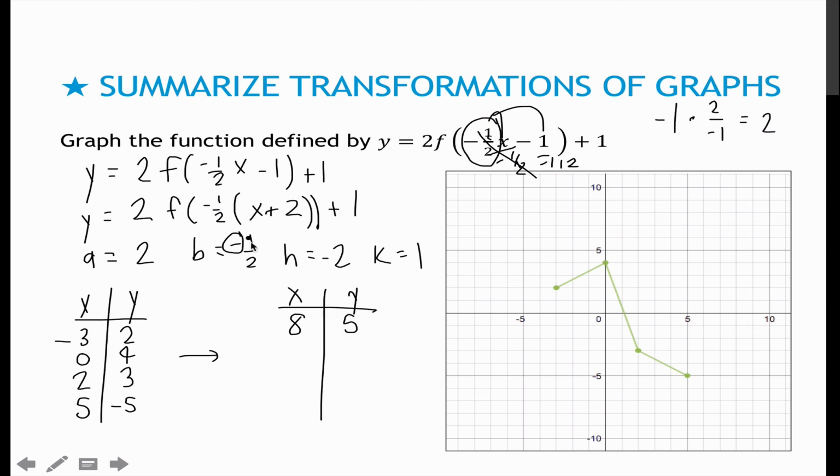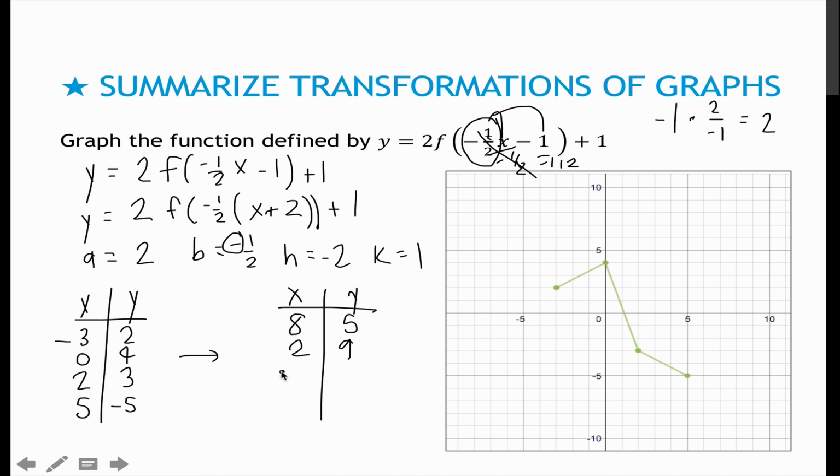Again, 0 divided by a half or times 2 still gives me 0. 0 minus 2 is negative 2. Flip it to make it positive 2. 4 times 2 is 8, plus 1 is 9. 2 divided by a half gives me 4. 4 minus 2 is 2.